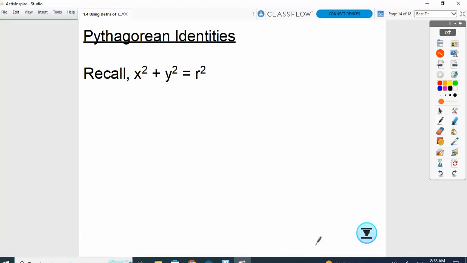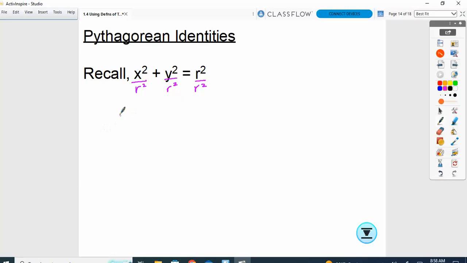So we know in a right triangle, x squared plus y squared equals r squared. That's how we find r every time, right? So we can actually manipulate this to get some identities. We know in an equation, as long as you divide everything by the same number, that's equal.